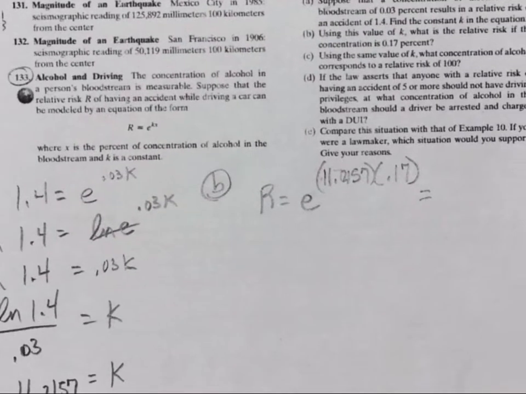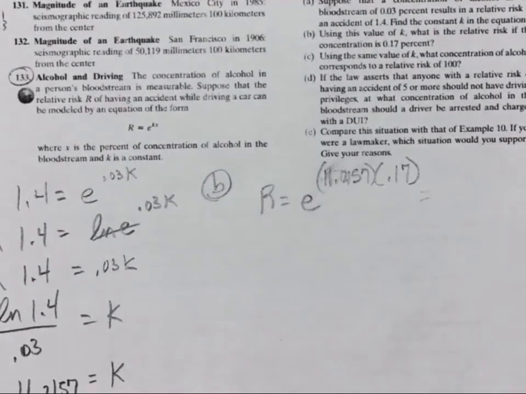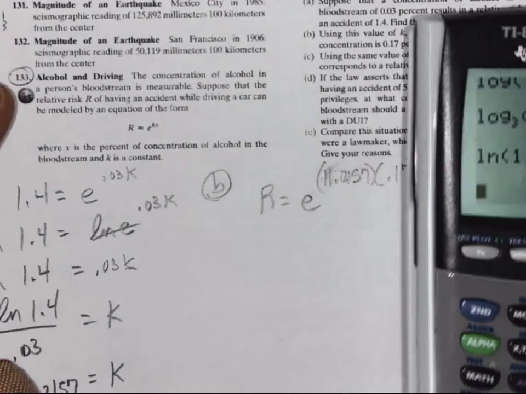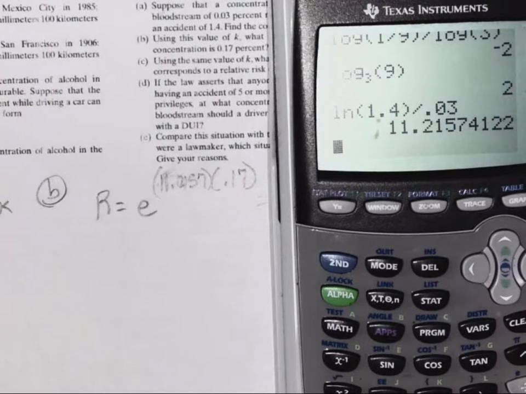So I want to basically figure out what this is equal to. And so I'm going to plug that into my calculator. So your calculator is your friend for these problems.